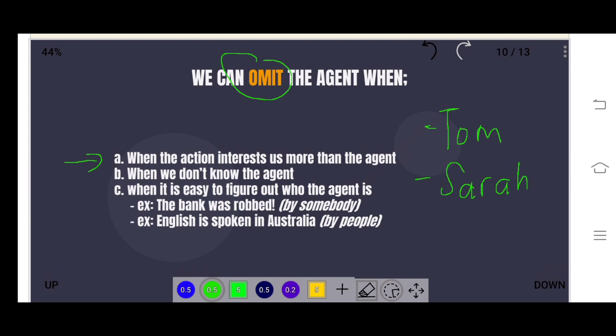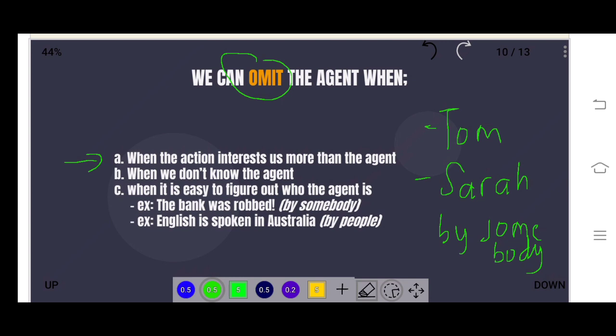But in the exam, it will be better if you write the agent itself. The next one is when we don't know the agent, for example by somebody or by someone. So if you want to write it, you can, but if you want to omit it, you can. And then the next one is when it's easy to figure out who the agent is.